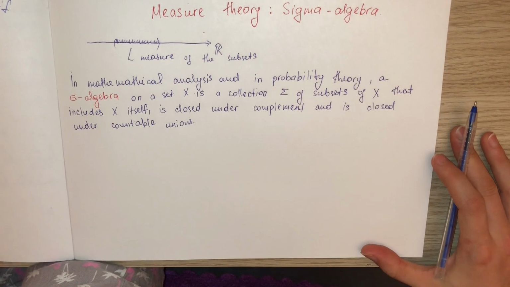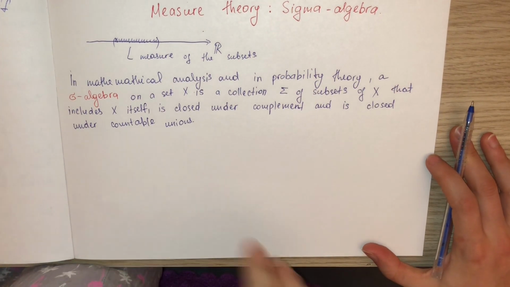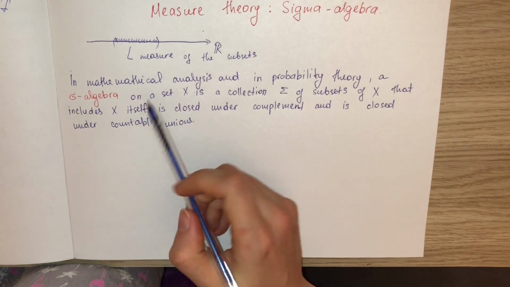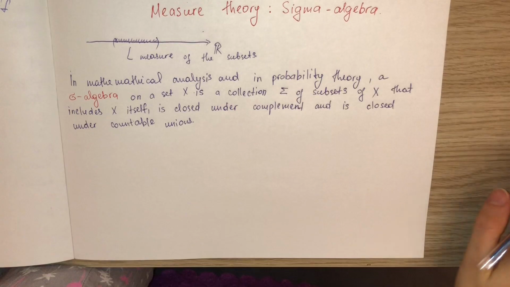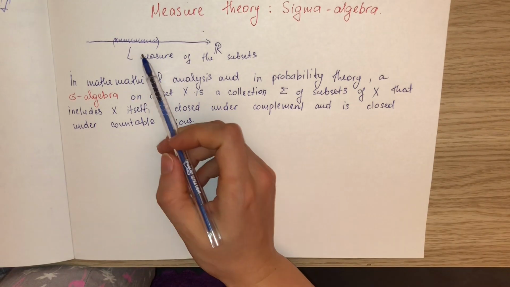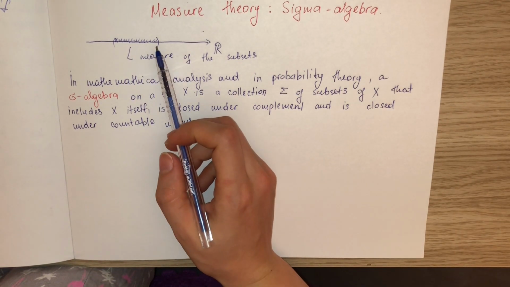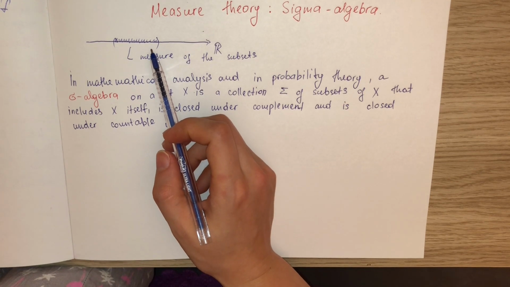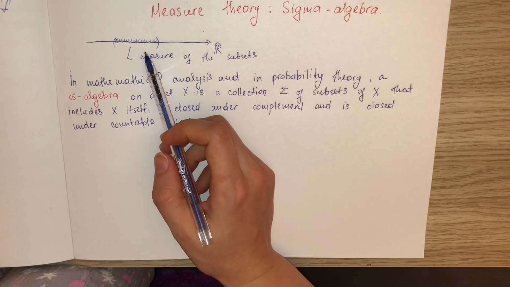So let's realize what we want to say. We want to give the subsets a meaningful measure, or in other words, a generalized measure, in this case length. So generalized length. The notion of length is what you know from the real line.